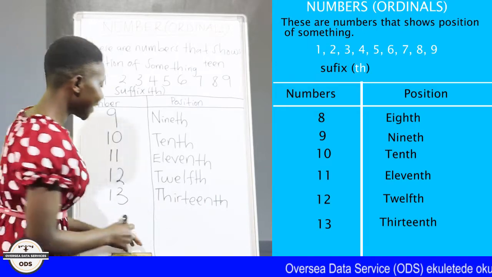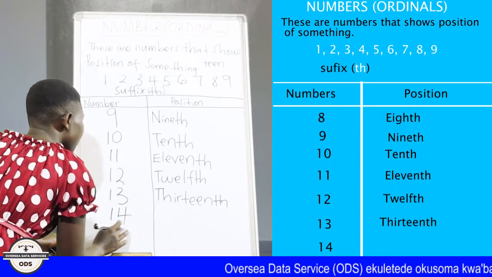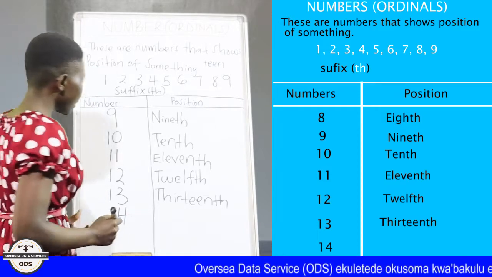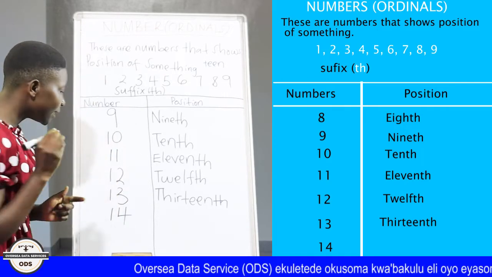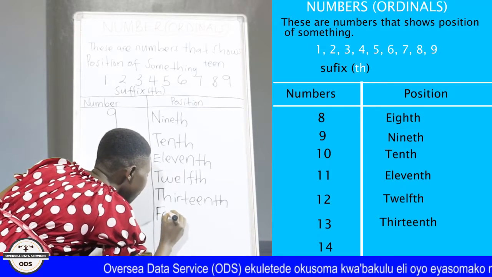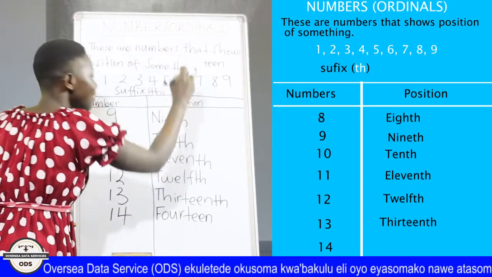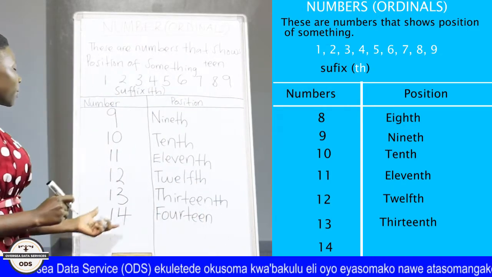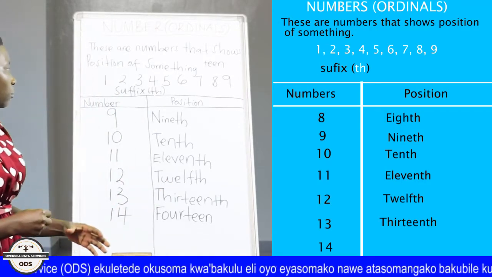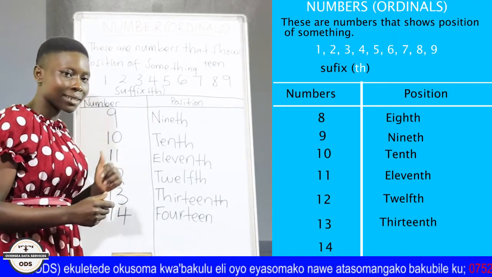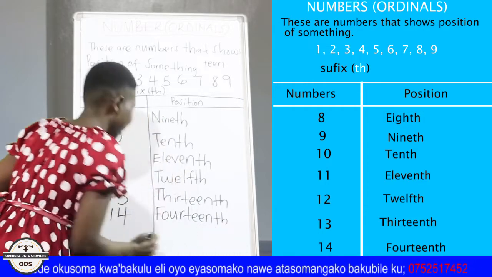Okay, let us continue and we see 14. Our common word teen is also here, up to 19. Now we are positioning 14. How do we position 14? As I told you, the suffix TH.